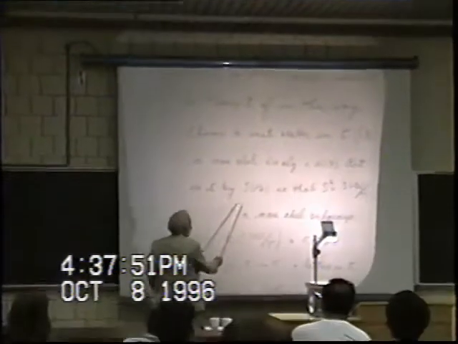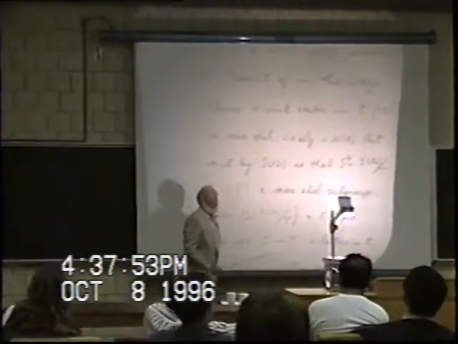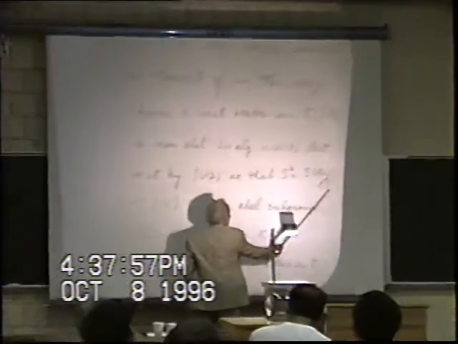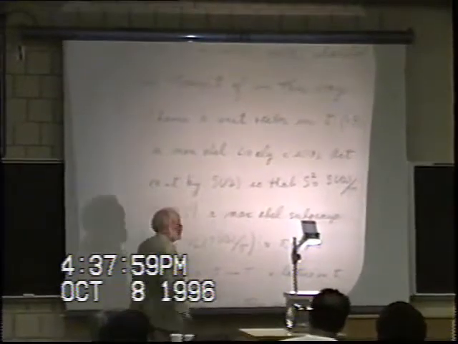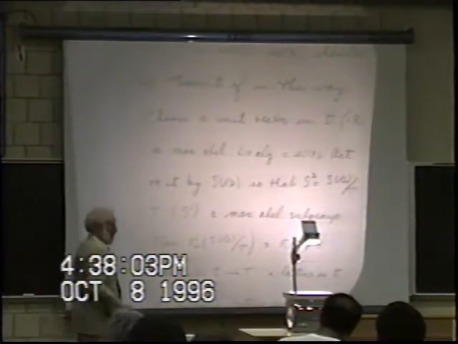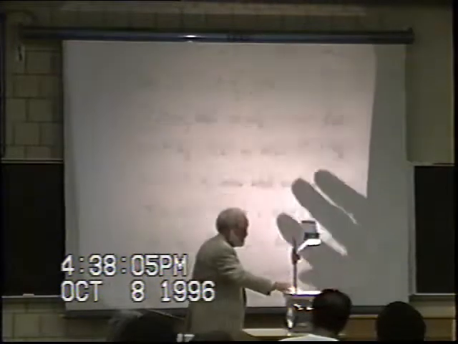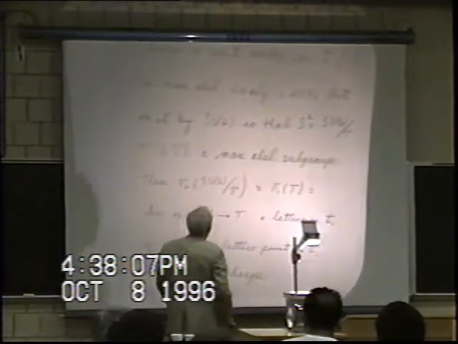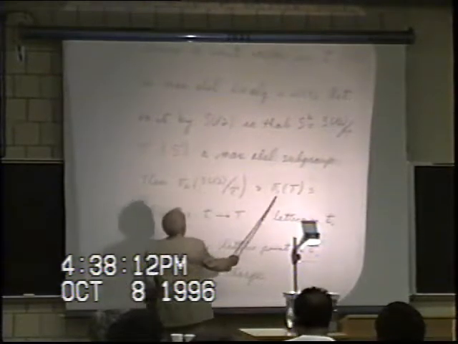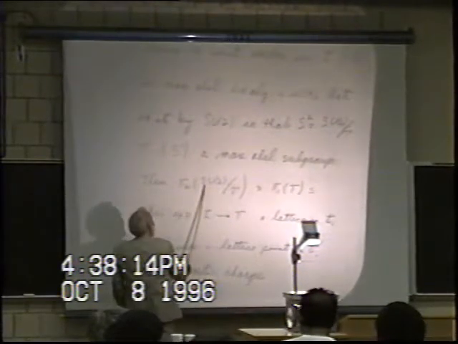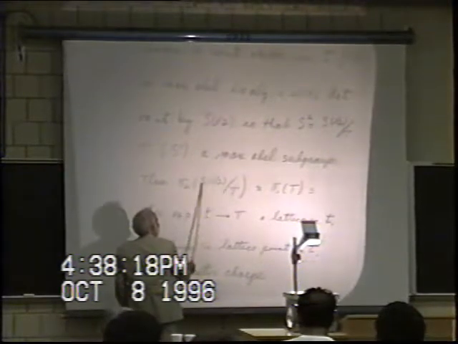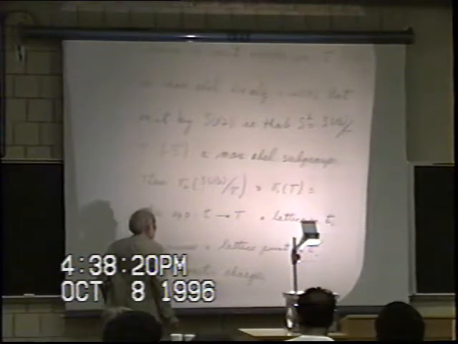You act on it by SU2, by the adjoint action, and then the two-sphere is just SU2 over the maximal torus, in this case a circle. Pi 2 of SU2 over T is the same as pi 1 of T, because by the exact sequence, pi 2 of SU2 is 0 and pi 1 of SU2 is 0.